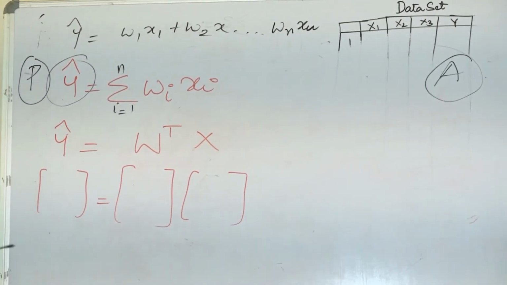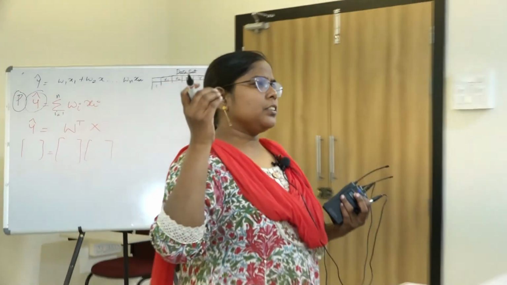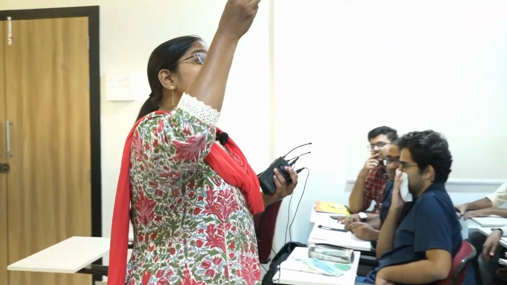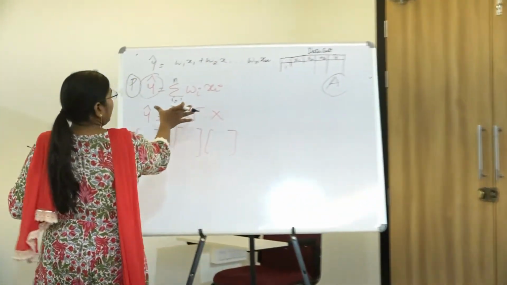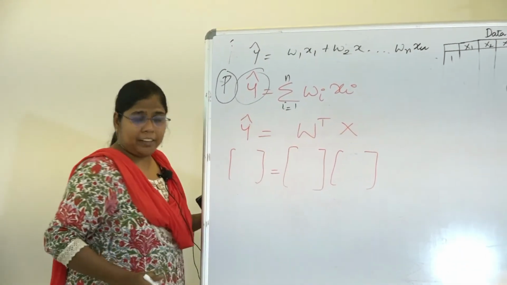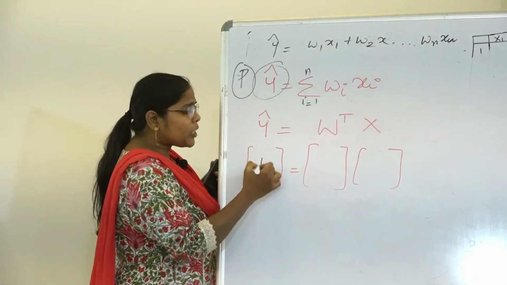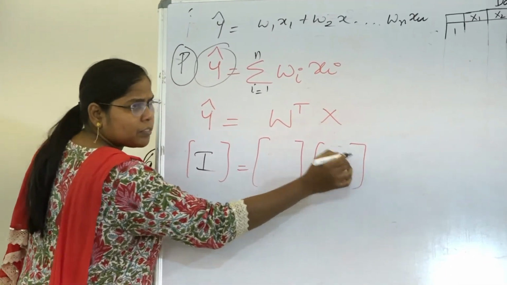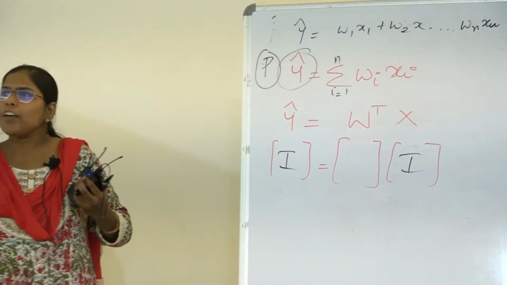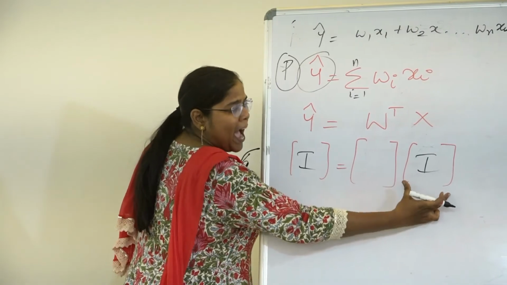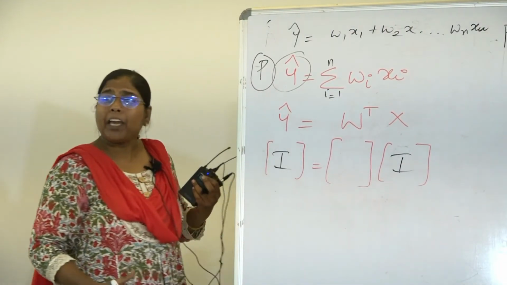Now think, if the data is a table, we are converting this into an equation, Wixi. Let me think about an image. If I want to map, what is the image?